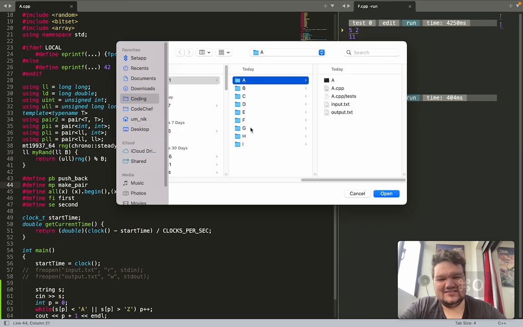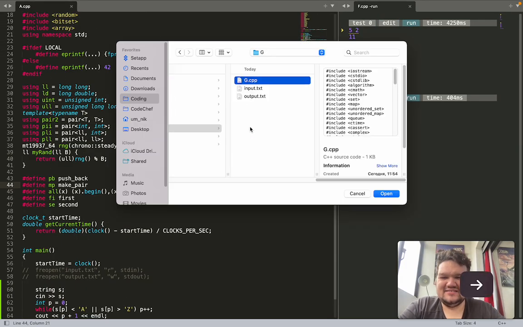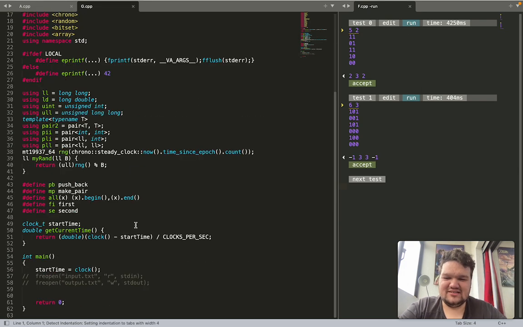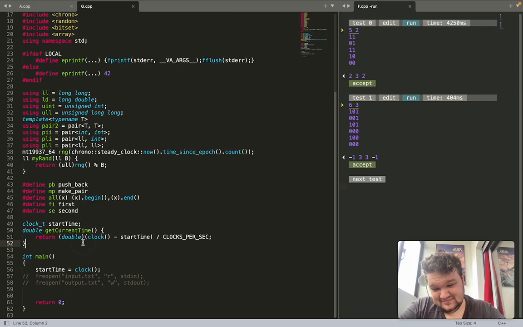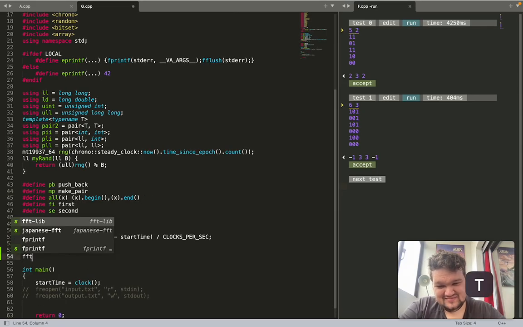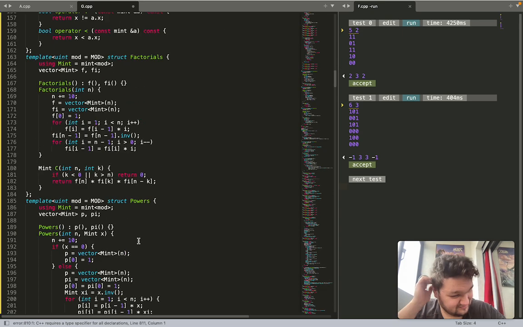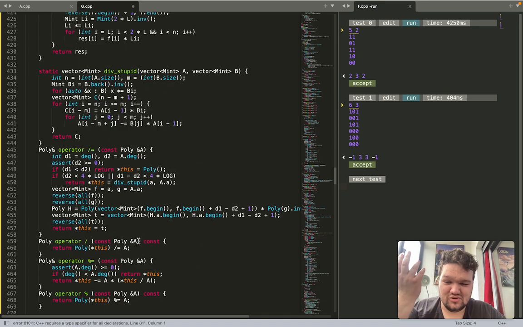Okay, this is a bit weird. I would expect this problem to be problem H. It's an educational problem about how FFT can be used to calculate something for all cyclic shifts. But it's not an interesting problem.